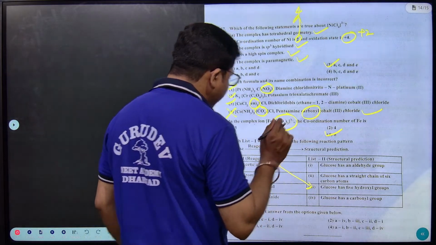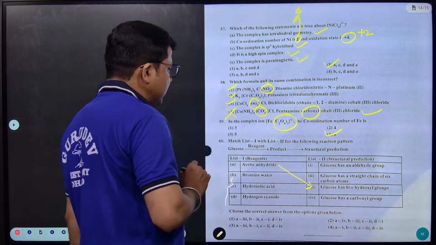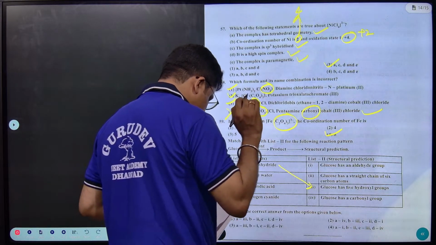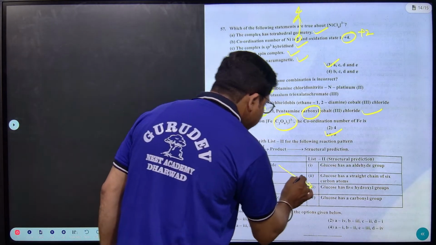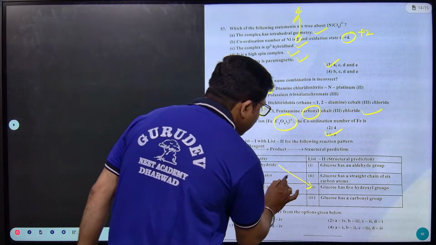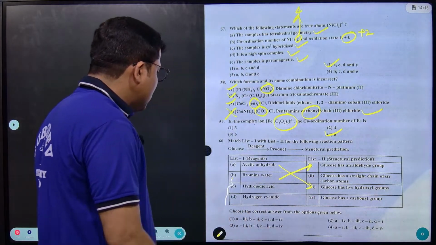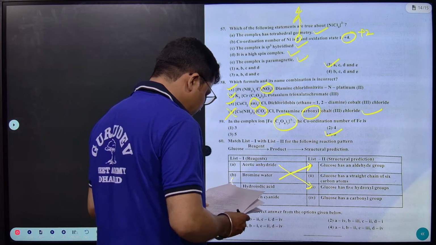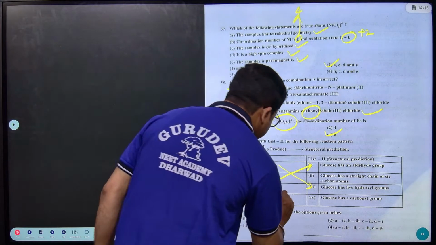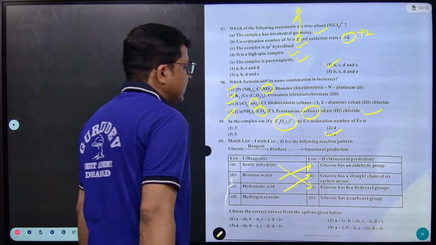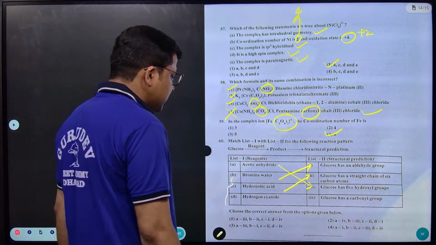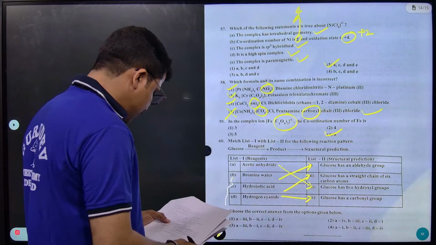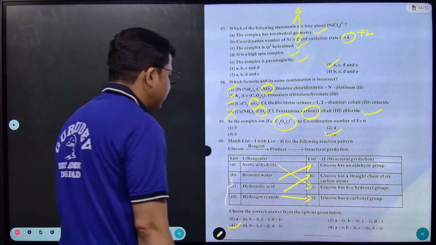With bromine water, glucose forms gluconic acid, it is used to detect the aldehyde group in glucose. And hydroiodic acid is used to identify glucose as a straight chain, and the right option is option number 3.